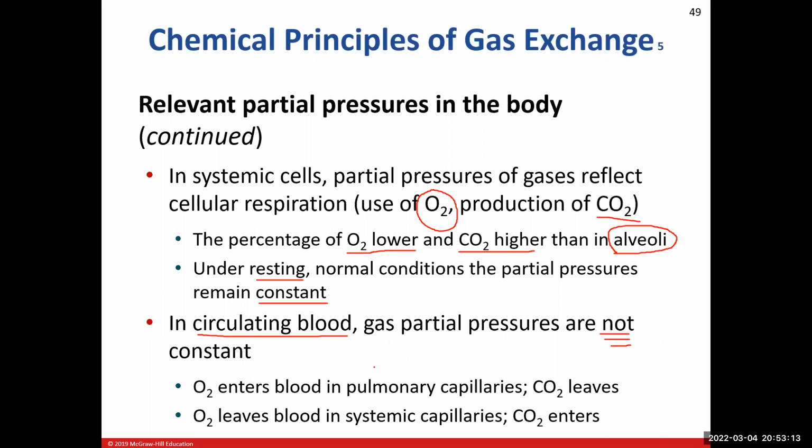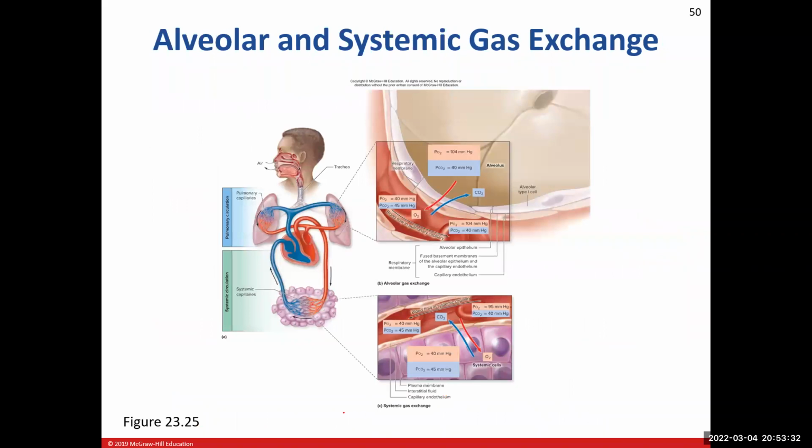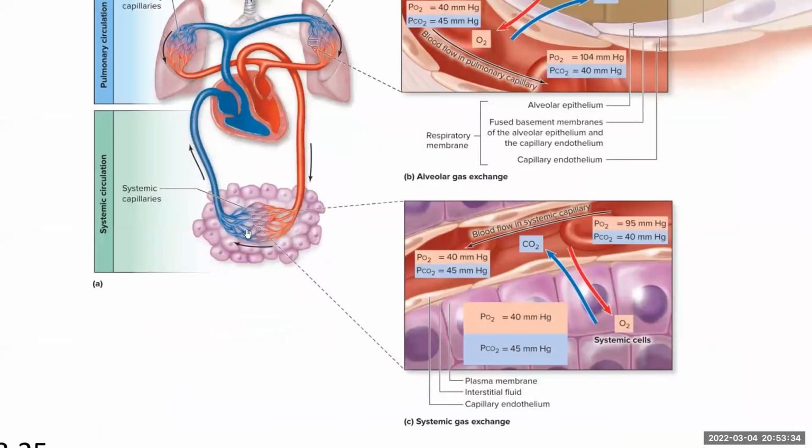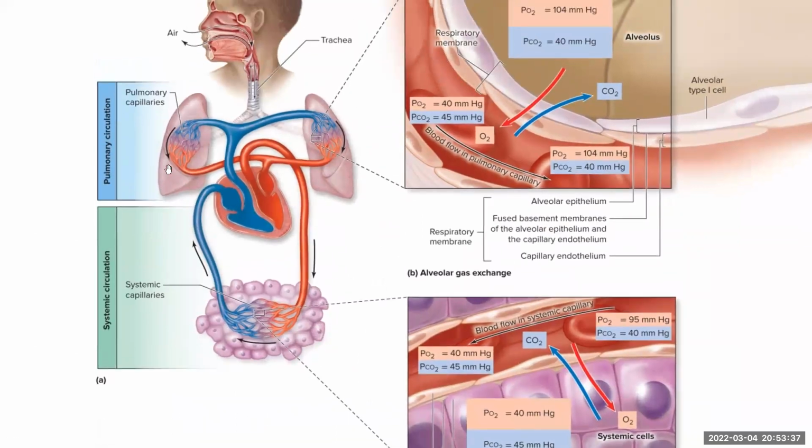Then when oxygen gets down to your systemic cells, it's going to leave your blood and enter into the cells, whereas carbon dioxide is going to exit the cells and enter into your blood. So it travels back to the lungs and you can breathe it off. That's what we're trying to do. And that's what we're seeing here. Quick review. Remember our circulatory system, you have two circulatory systems. You have the pulmonary circulatory system, and that's the blood that travels from the heart to the lungs and then back to the heart again.